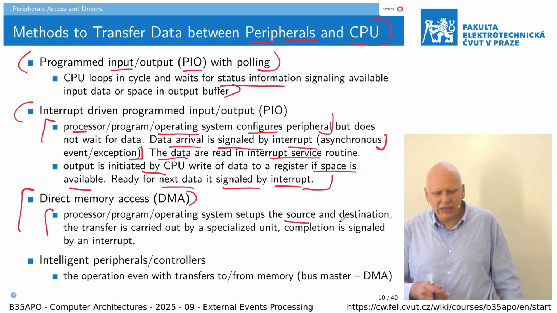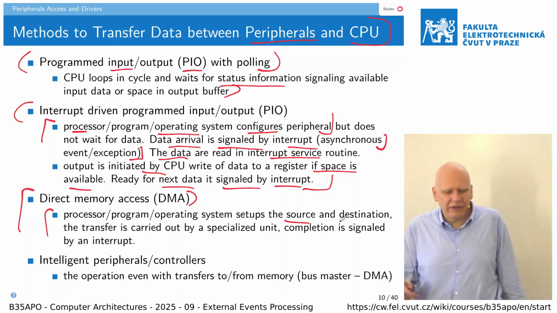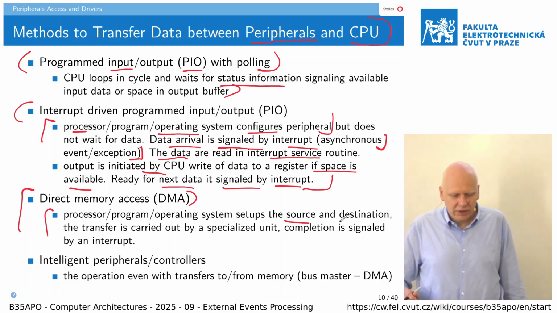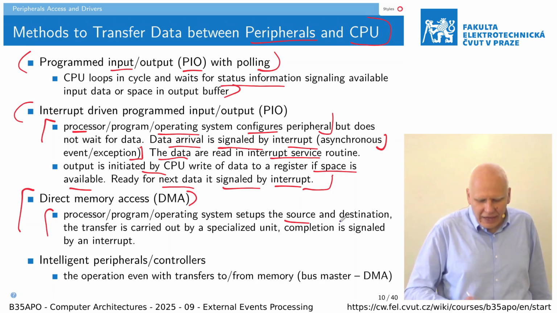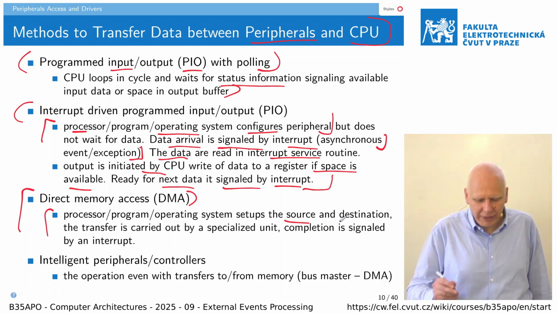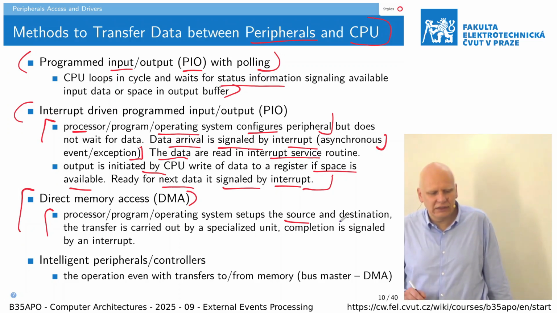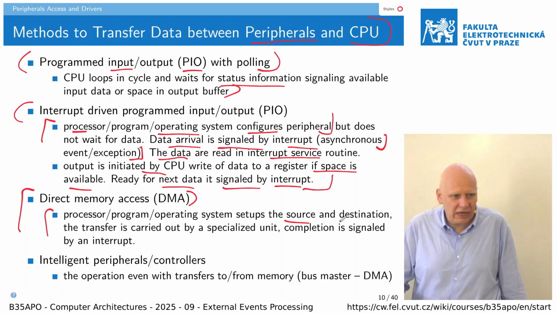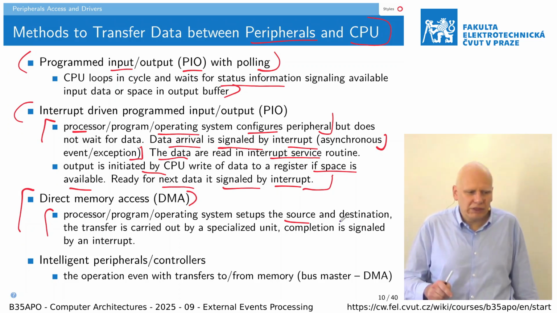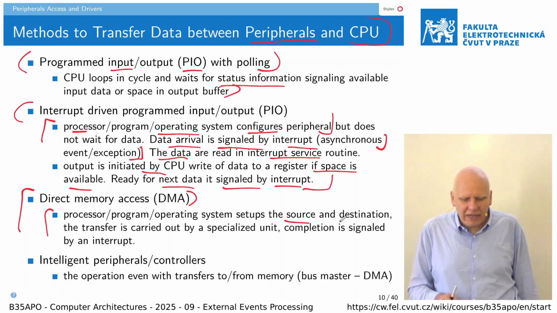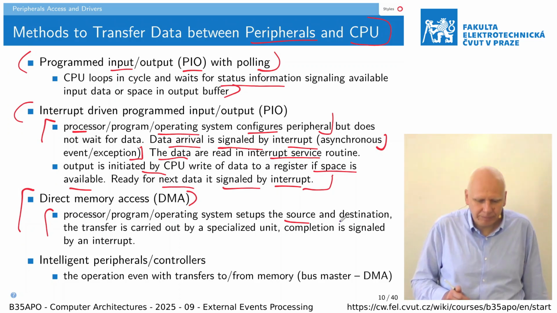So it sets up an address somewhere in the memory, and then sends a request to read those blocks from the disk and store them to the memory, and initializes this operation. The actual data transfers are realized by hardware other than the processor, so the processor doesn't need to take care of individual data bytes which are transferred between the device and memory.